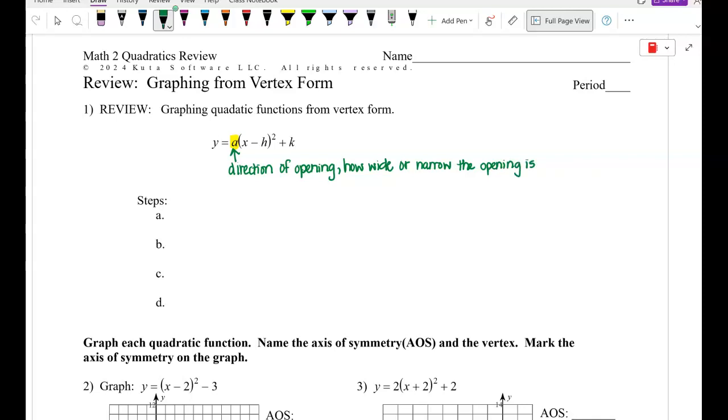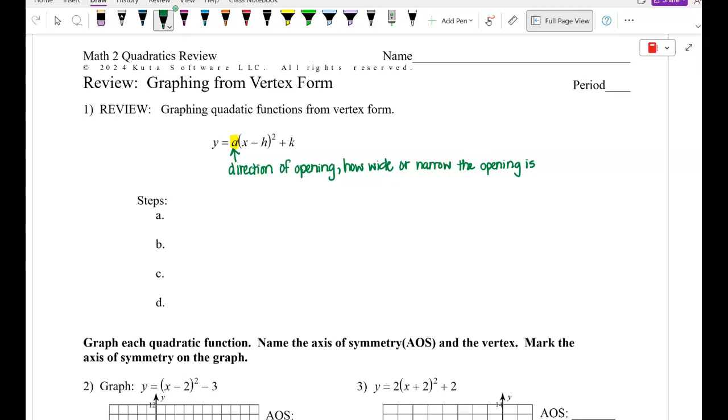And when we say how wide or narrow, we're comparing it to the parent function where y equals ax squared and a would be 1. So if it's wider, we're saying it's wider than a parabola with an a value of 1, or if it's narrower than a parabola with an a value of 1.